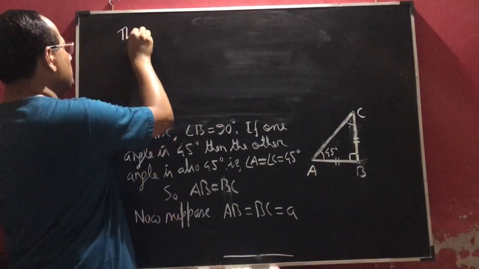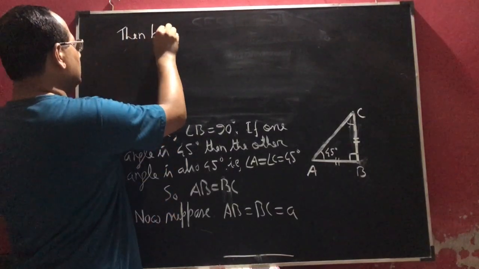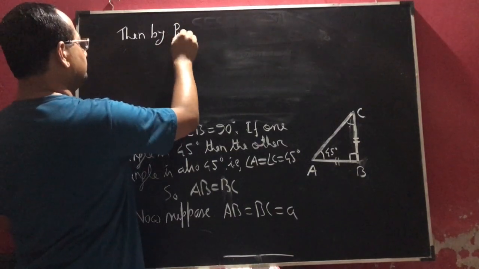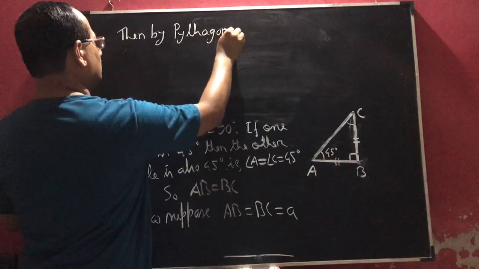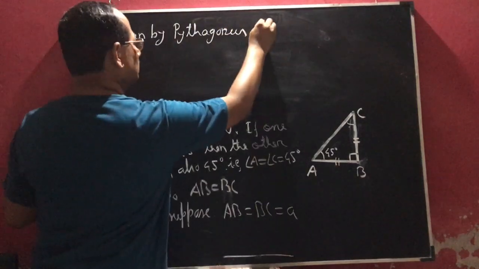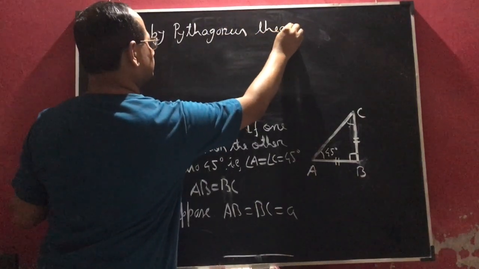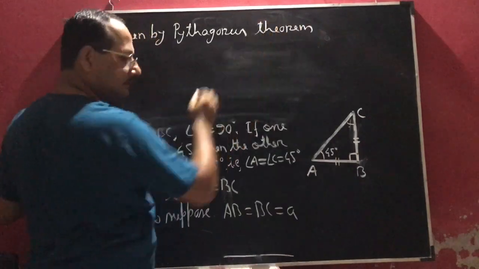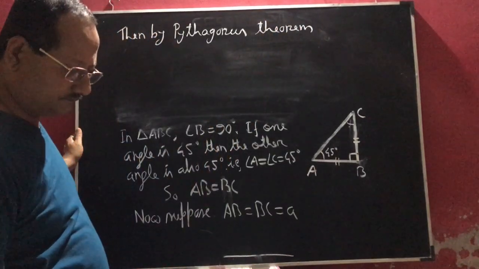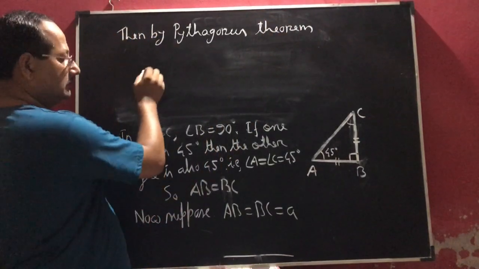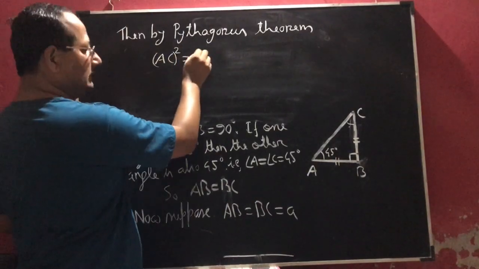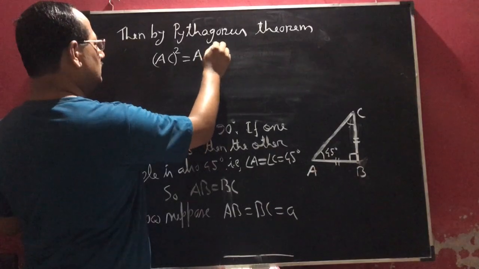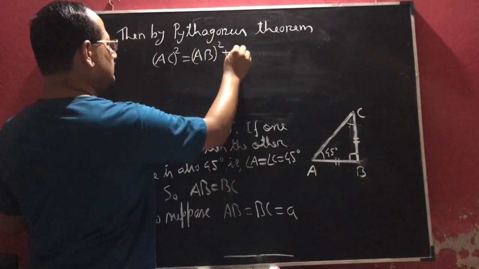Then by Pythagoras theorem, AC square equal to AB square plus BC square.